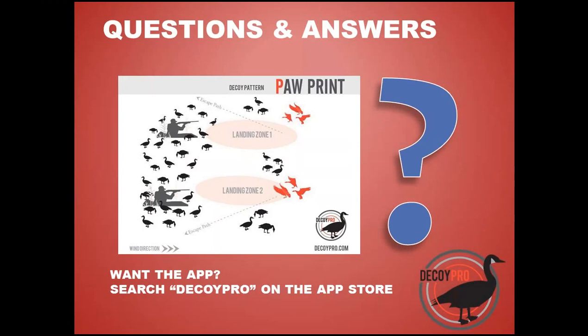You can always upgrade and add to your spread at any time as your budget allows. I've hunted with all different kinds of brands and had luck with all of them. So again, just get started, see what works best for you, and go from there.